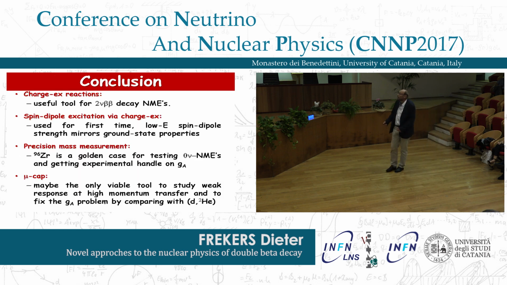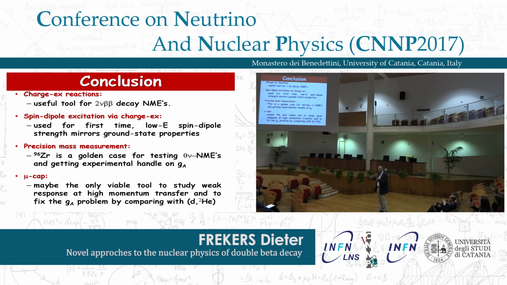Conclusion, I'm done. Charge exchange, still useful. Spin dipole for the first time, a big surprise. The theoretical models we have looked at fail for this. I don't know why. Precision mass measurements, zirconium I showed you, is a golden case for testing neutrinoless double beta decay nuclear matrix elements by simply measuring the single four-fold forbidden decay, and it gives you also a handle on the GA.